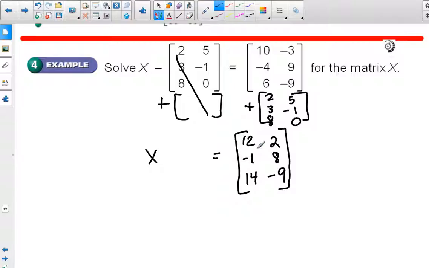Okay, so we have now solved for matrix X. X would be equal to 12, 2, -1, 8, 14, and -9.